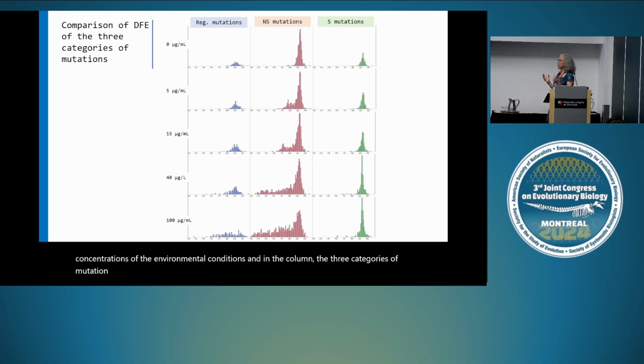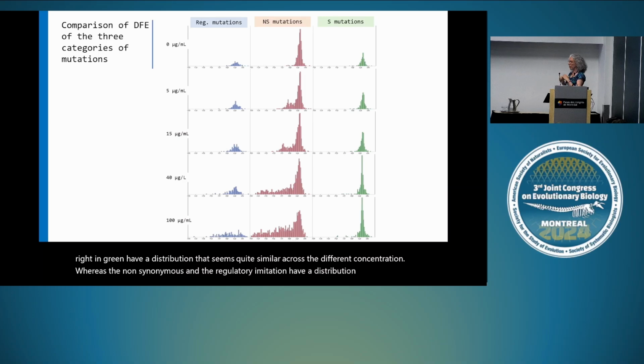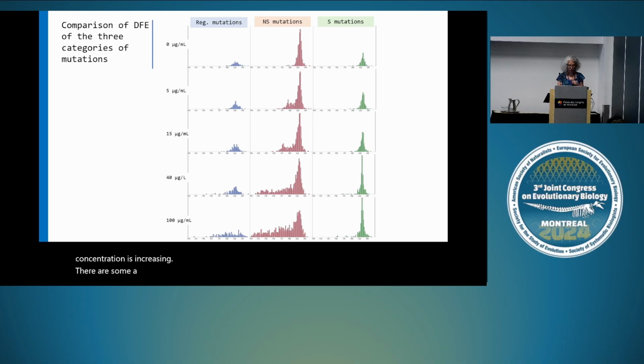So what we can see on the global picture is that the synonymous mutations on the right in green have a distribution that seems quite similar across the different concentrations, whereas the non-synonymous and the regulatory mutations have a distribution of fitness effect that is extending to the left, so to negative fitness values, when the concentration is increasing. There are some small exceptions here in the synonymous mutations, so we have a small number of synonymous mutations with a strong effect.